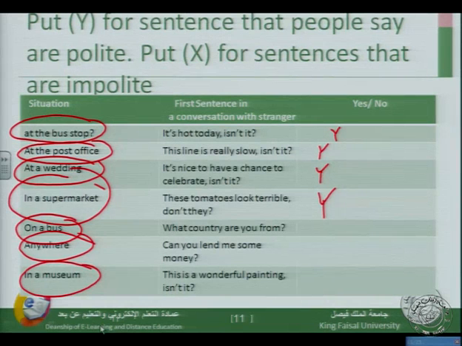Definitely you will visit some museums in Europe or in the Arab world or wherever. And you will see a wonderful painting, and then you will say, oh, this is a wonderful painting, isn't it? The other person will say, yes, it is. So this is how you can start a small conversation.